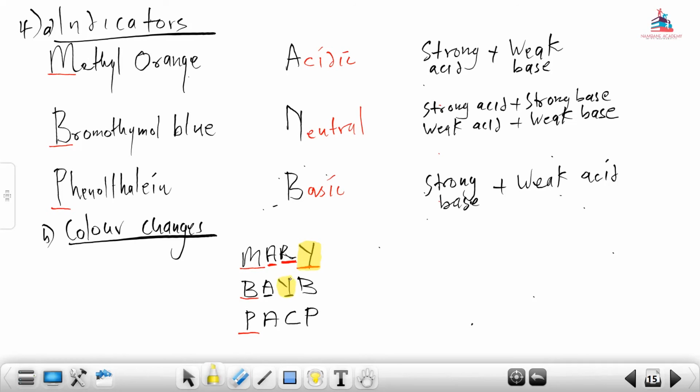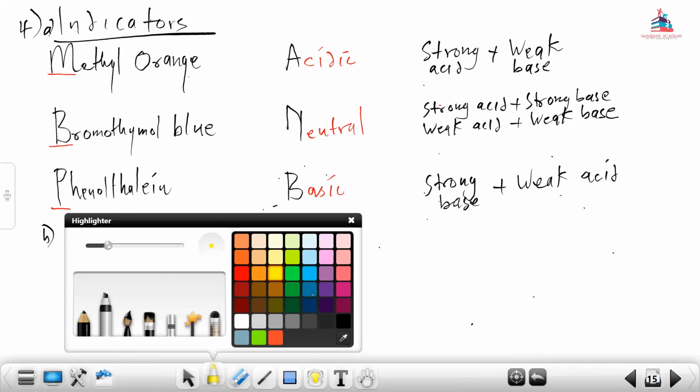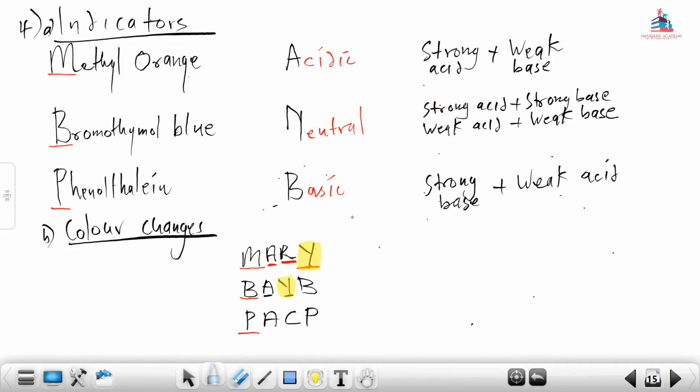But if I am using bromothymol blue in a base, it will change color to blue. Ladies and gentlemen, this is very, very important.